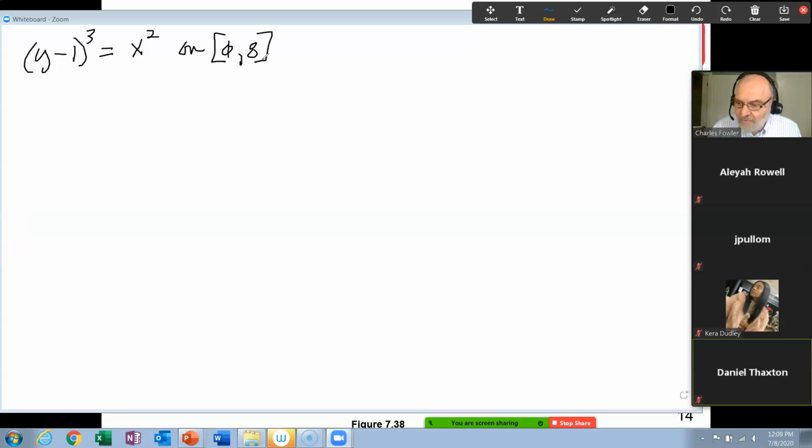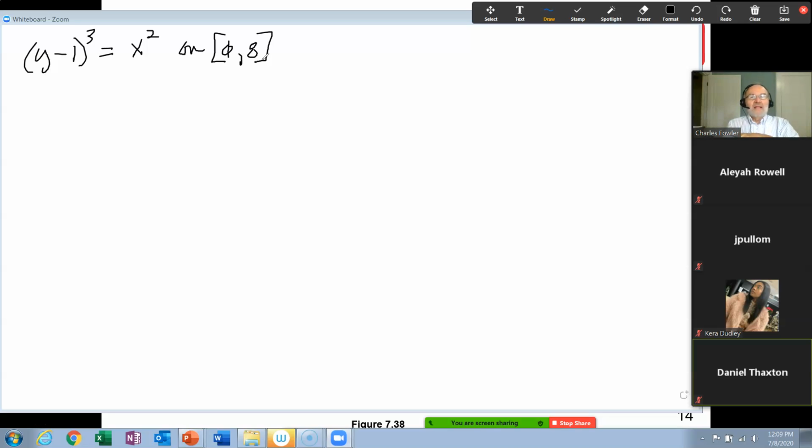Let me show you figure 7.40. One side is a cubic function, the other side is a squared function. There is the graph of this from 0 to 8 on x.